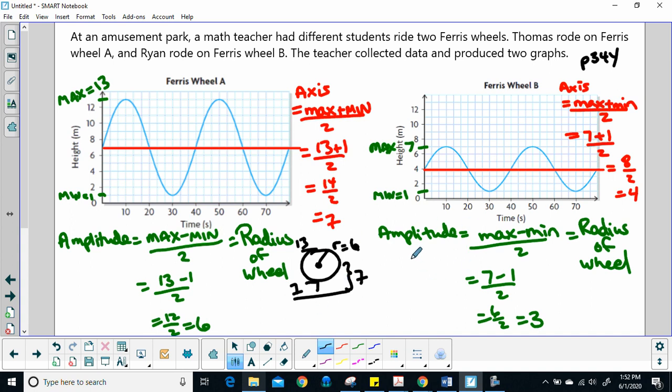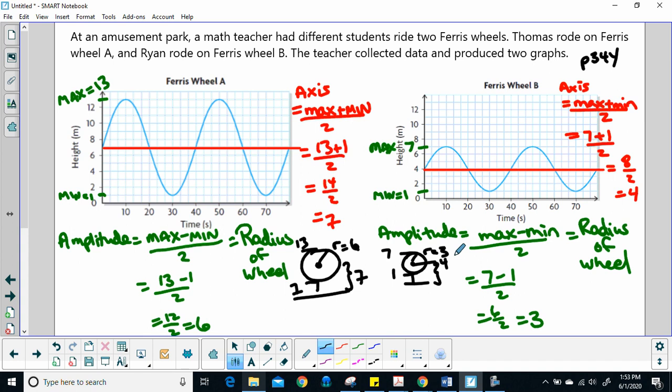This one over here, if I draw the same picture, he's much shorter. So it still has a minimum of 1. This one had a maximum of 7. So the center is at a height of 4, so it's 4 meters off the ground. And my amplitude, so the total radius, would be 3.